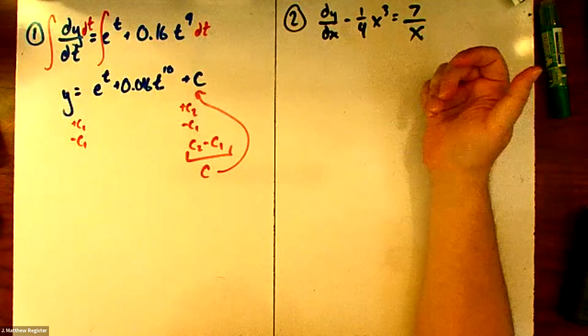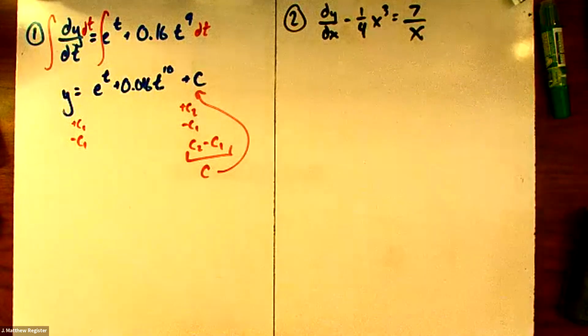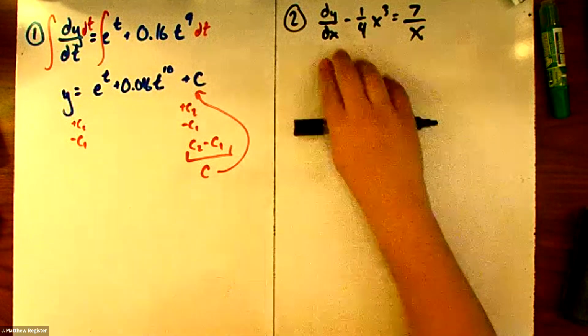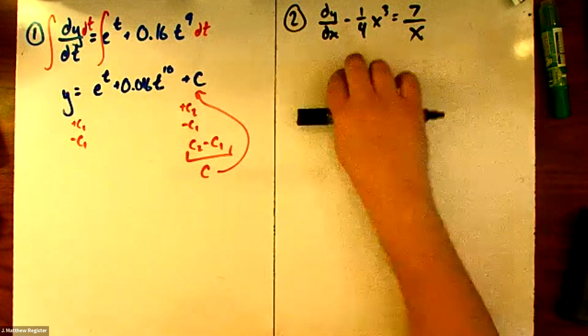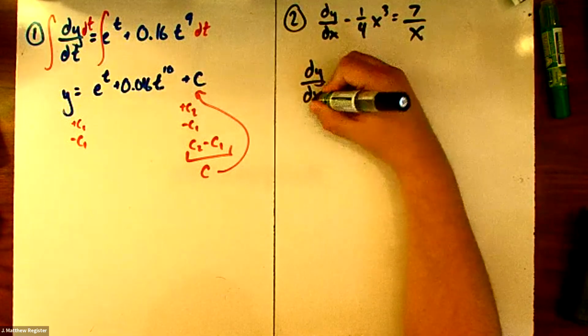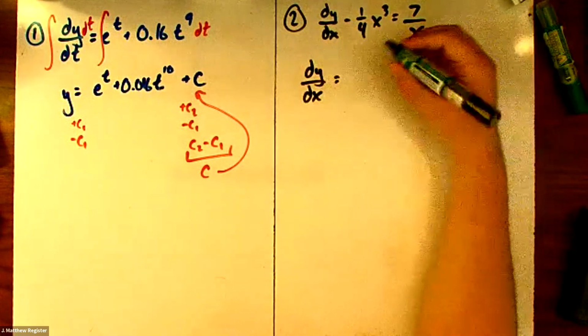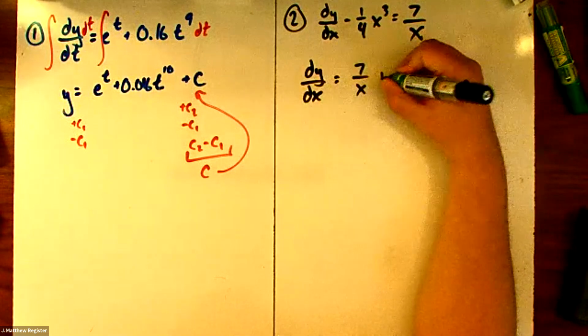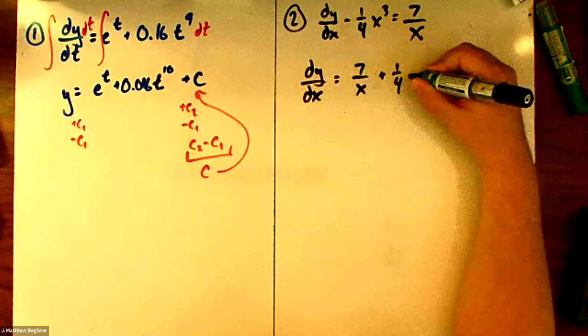And so we would still call it a pure time differential equation, and the strategy would still be the same. Our first step is we'd want to move everything over to one side. And so we'll keep our dy/dx over on the left side. And that would give us 7 over x plus 1/4 x cubed.